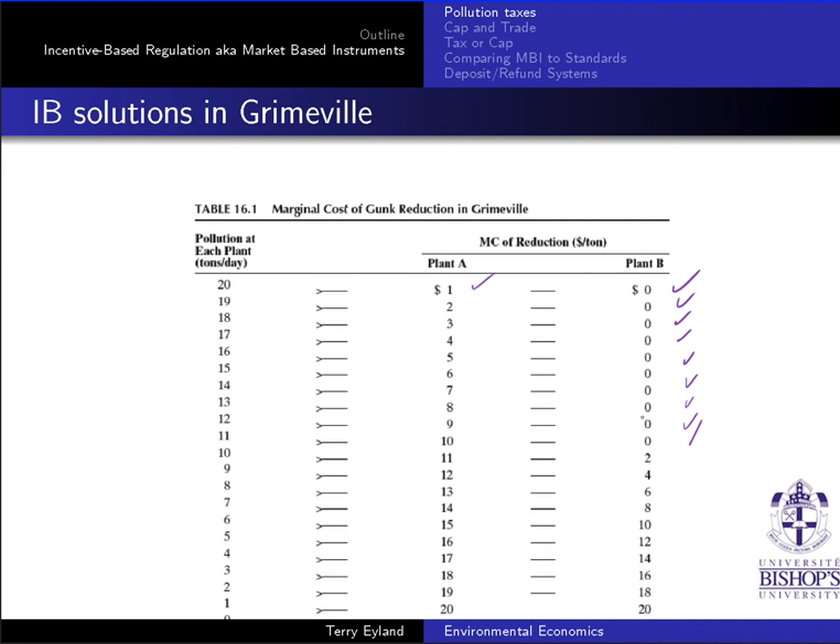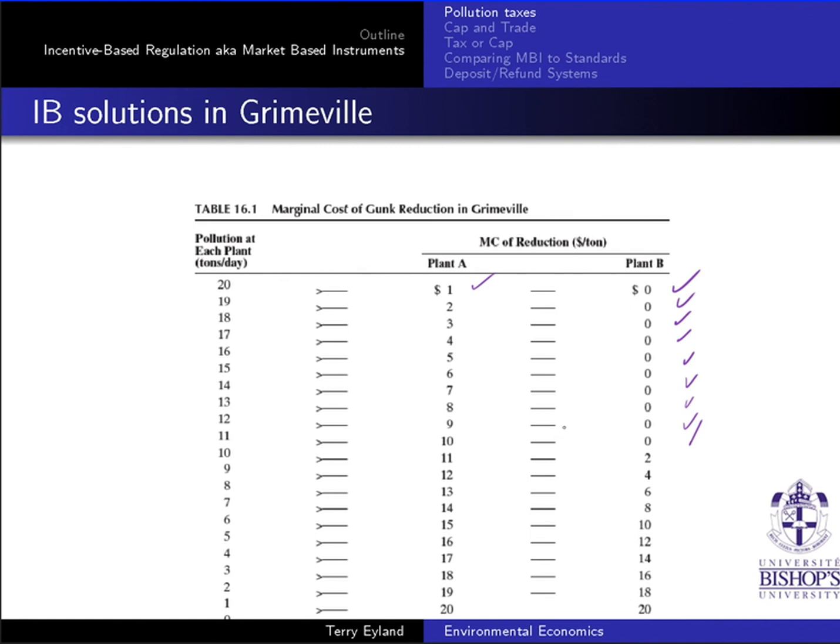It doesn't make sense to keep reducing at no cost for one firm, but to say to the other firm that its last unit reduced cost $8. It's not the most cost efficient way of doing things. Ideally, you're trying to make everything as cheap as possible to society, which means that whoever can reduce it most cheaply is the one that should be doing it.